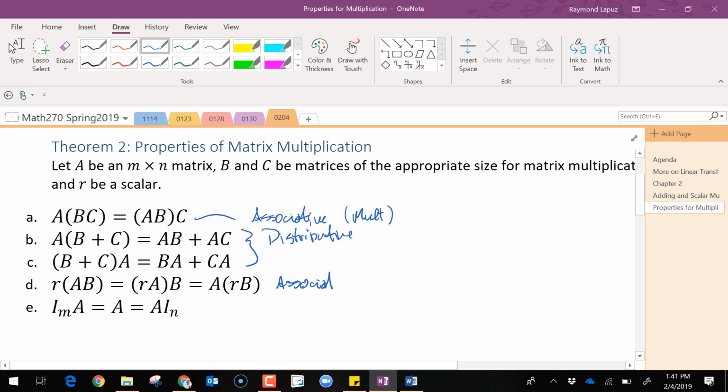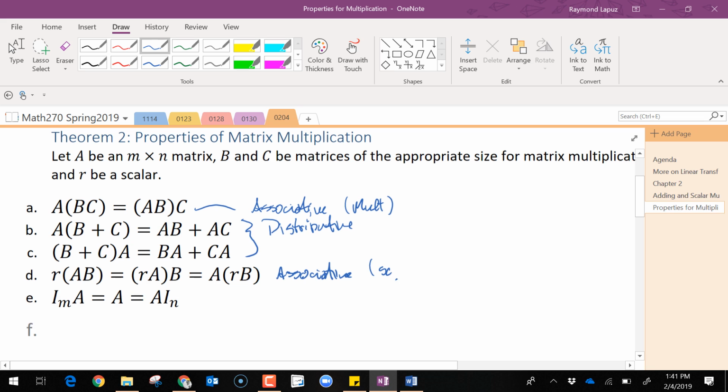And then the last one is our identity property. We had an identity property for addition.